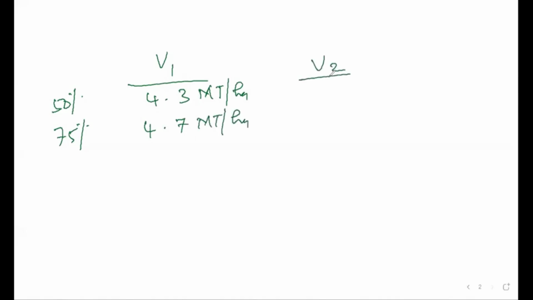For variety 2, under 50%, I get 4.1 metric ton per hectare. For variety 2, 75%, 4.4 metric ton per hectare. Now tell me, which nitrogen combination is good for variety 1?